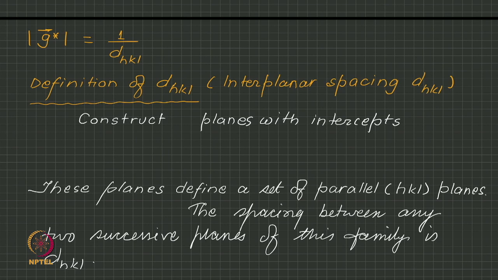The way we will define DHKL is to construct planes. Given any HKL, we will construct planes with intercepts n times A by H, n times B by K, and n times C by L.